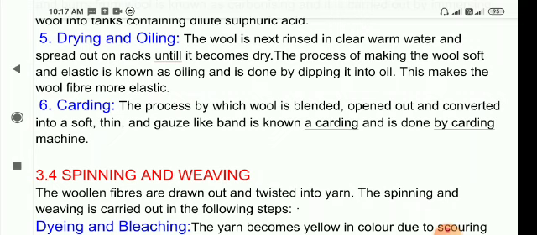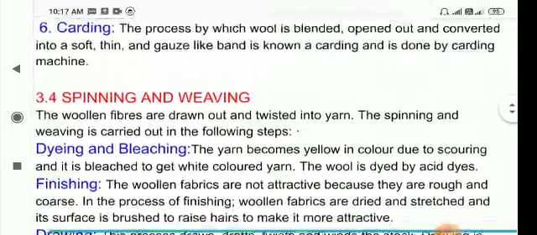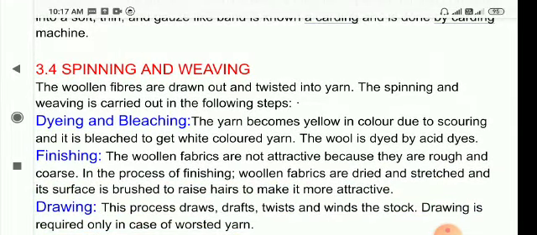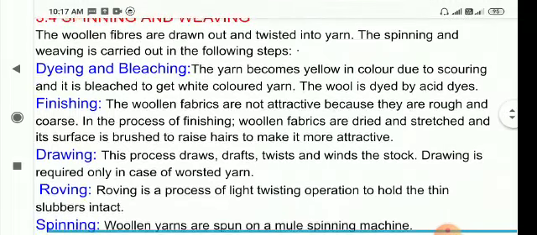Now student, we will discuss spinning and weaving. In spinning and weaving, students, the woolen fibers are drawn out and twisted into yarn. Twist means just wind it into yarn, that is thread, we can say. The spinning and weaving is carried out by a few steps, and these steps are: first is dyeing and bleaching.